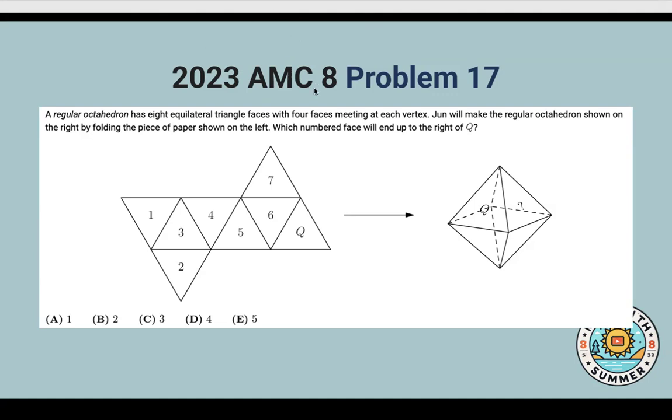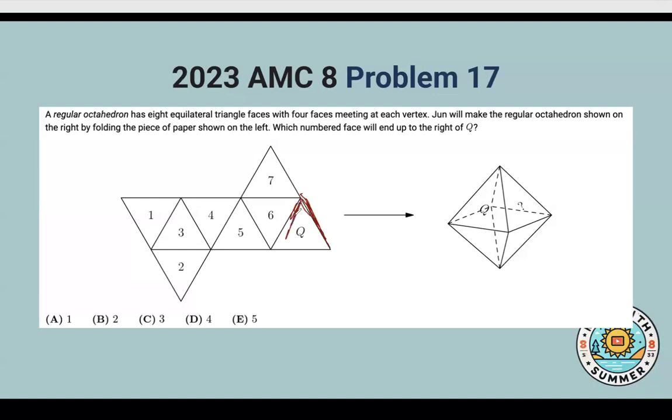So I think we should just start by imagining it piece by piece. Here we see that Q is facing upward in this position, and we want to know what would be next. To the right of that upward facing Q on the net, we don't have anything, so we really can't determine this yet.